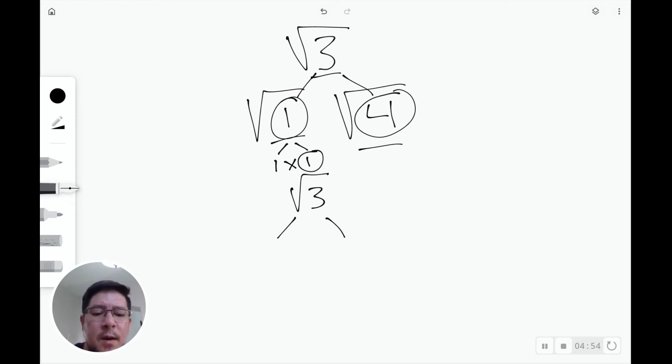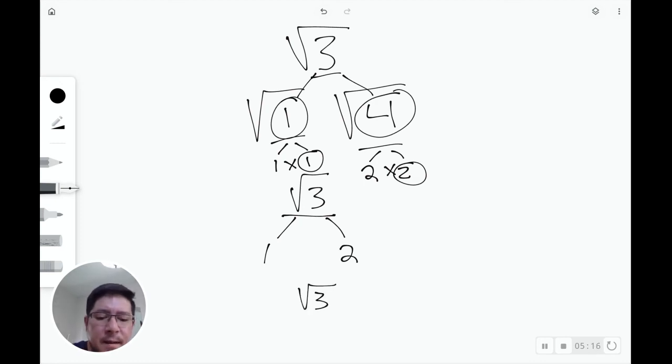So that means the square root of 3 is bigger than 1, and it has to be smaller than the square root of 4. What is the square root of 4? Well, I know that the square root of 4 is 2. So what that means is the square root of 3 has to be bigger than 1, and it has to be smaller than 2.